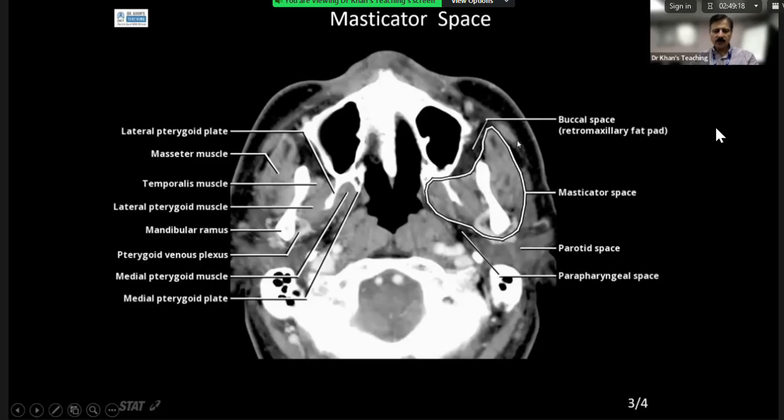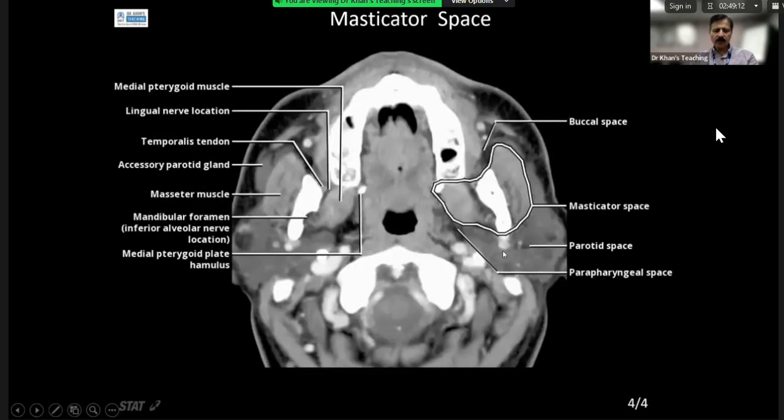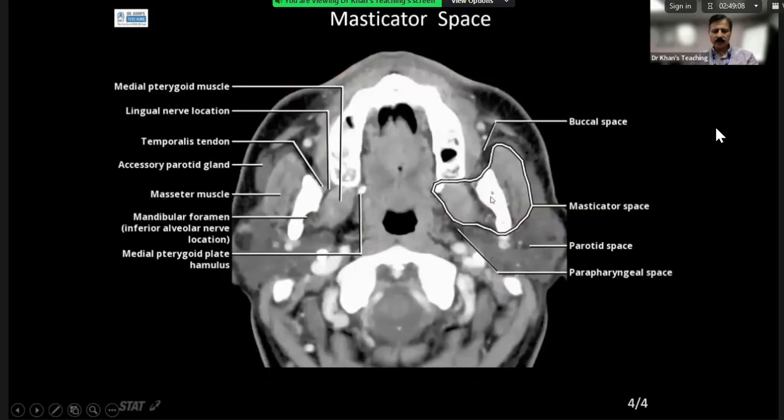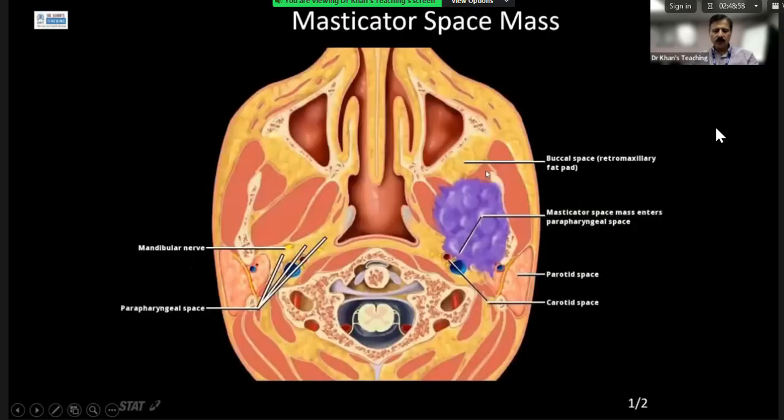And you can see that this is the masticator space. Posterior to that will be the parotid space. And now we are going further inferiorly. And we can see that now the body of the mandible is coming into view and the alveolar ridge is coming into view.